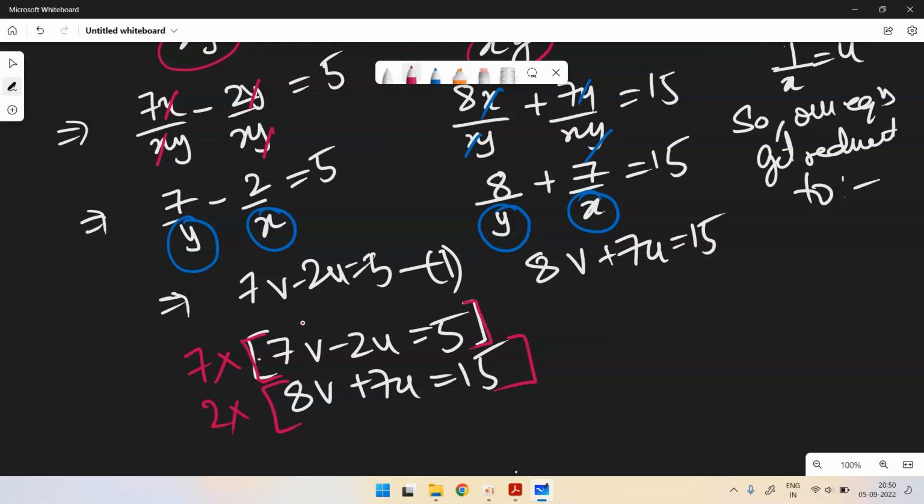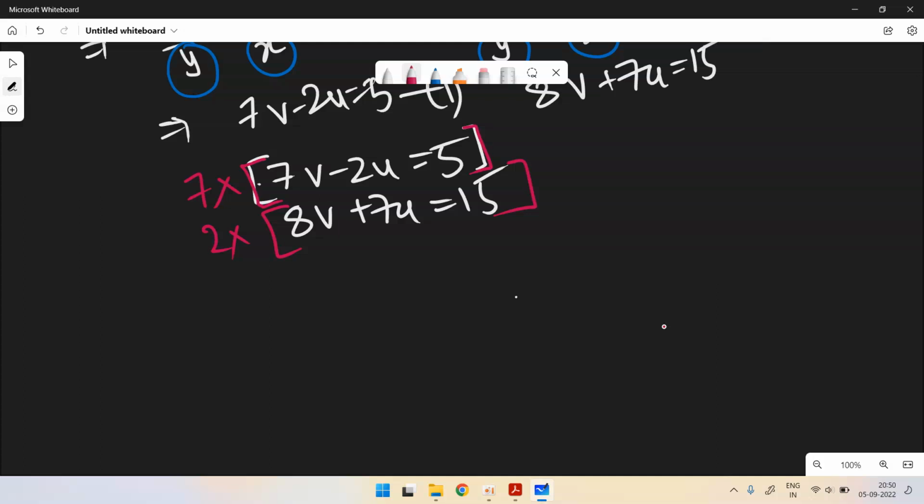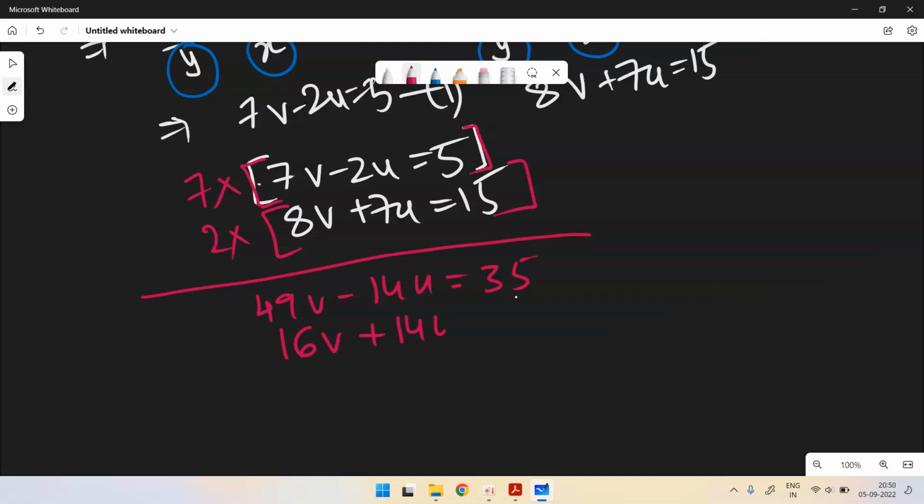If you do this, the equations will be 49v minus 14u equal to 35, and 16v plus 14u equal to 30.